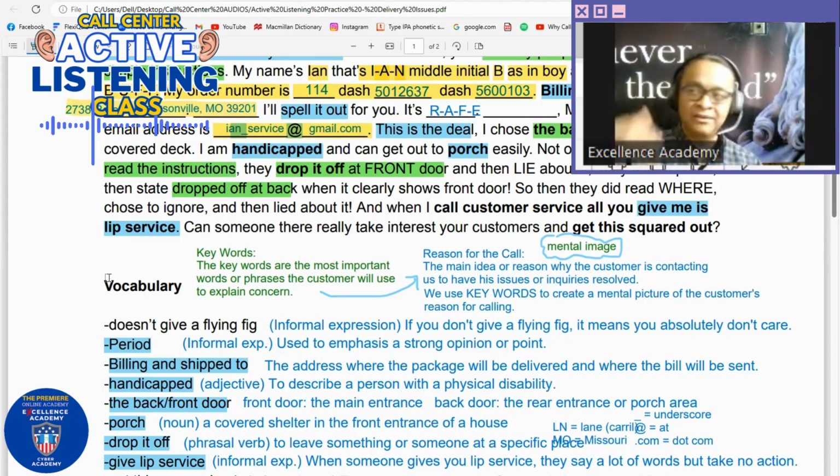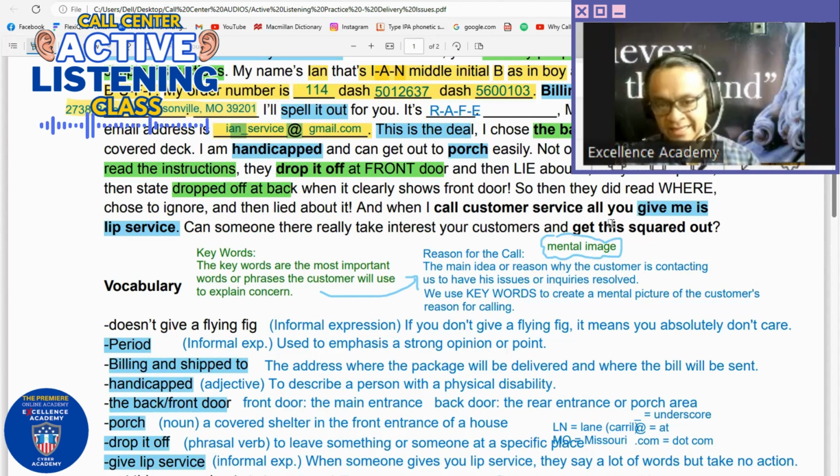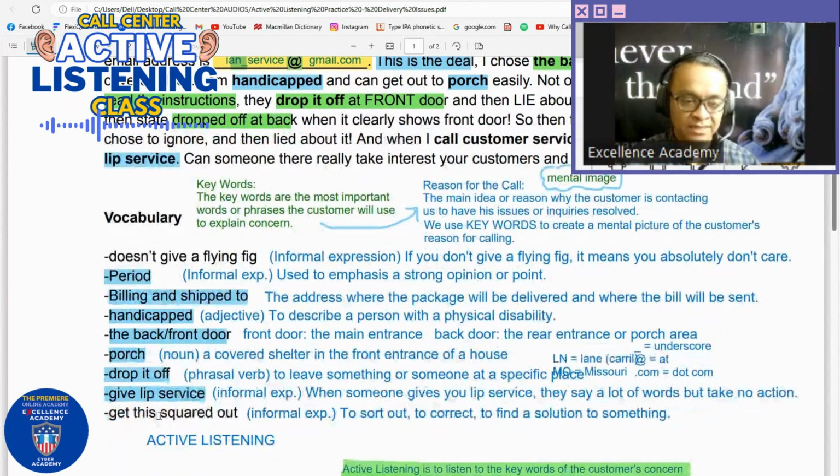Like they say, te están dando el avión, palabreando. So he says here, can someone there really take interest in your customers and get this squared out? To get squared out is an informal expression, which means to sort out something, to correct something, or to find a solution to something.